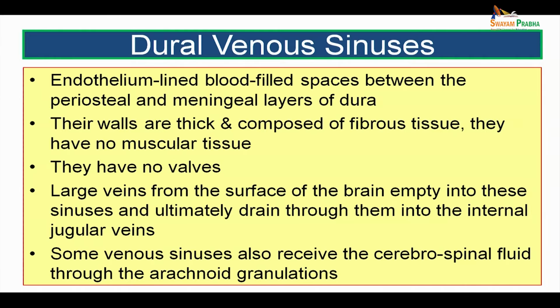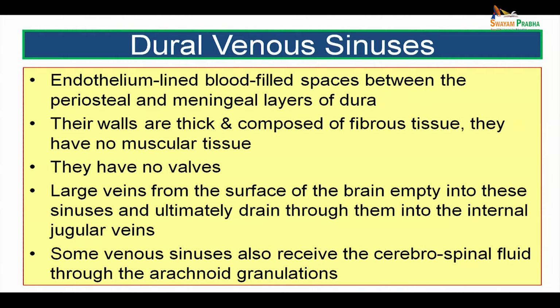As we have already seen earlier, the two layers of the cranial dura, the endosteal and the meningeal layer, are inseparable except at a few places where the meningeal layer leaves, goes deeper, folds on itself and comes back and joins with the endosteal layer. The places or the areas where these two layers are separated is where the dural venous sinuses are present.